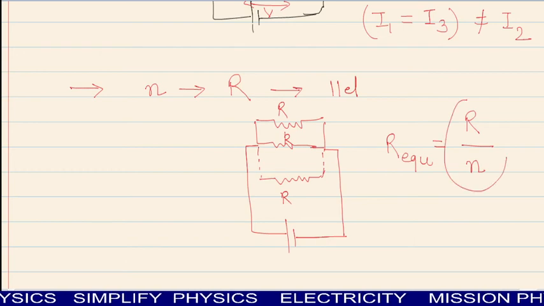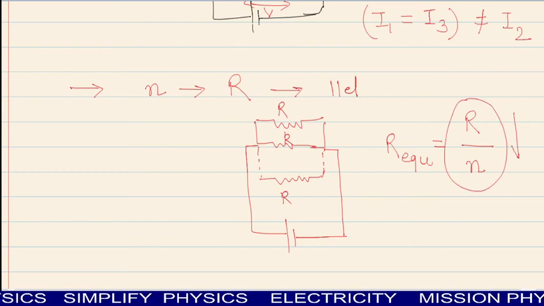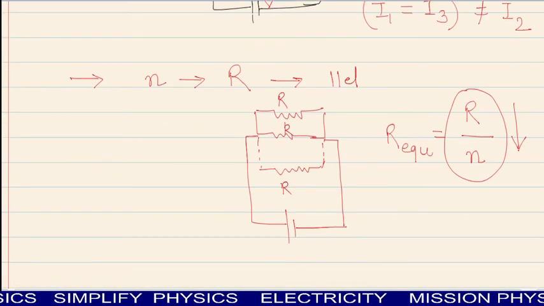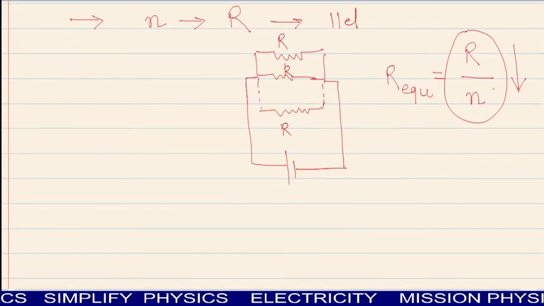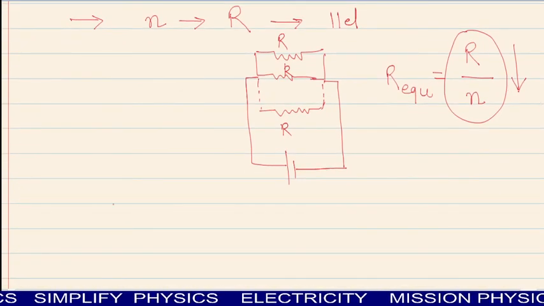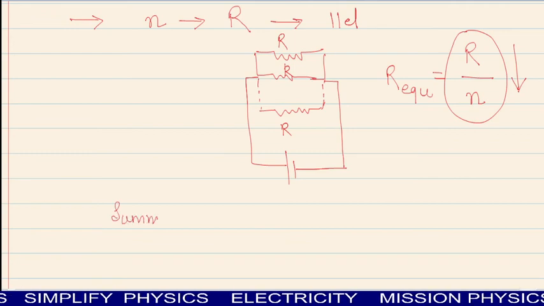So it is proved that the net resistance decreases when we connect them in the parallel combination.